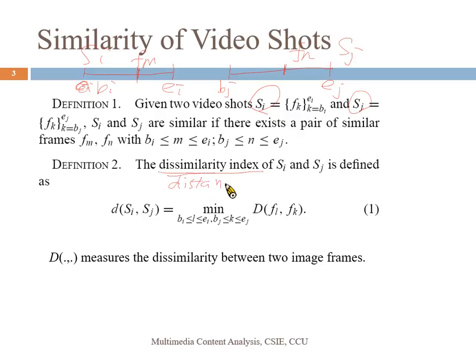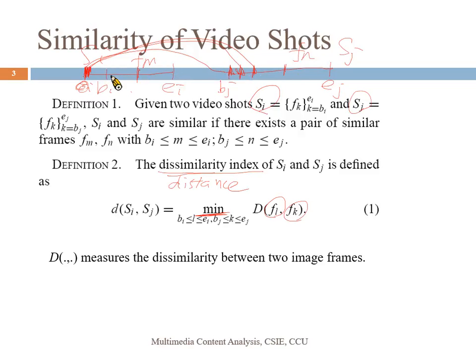So how can we measure the distance between two shots? The idea is we just compare any frame pair between these two video shots and find the minimum one. Here we may compare the distance between the first frame of SI and the first frame of SJ, the first frame of SI and the second frame of SJ, the first frame of SI and the third frame of SJ, and so on.